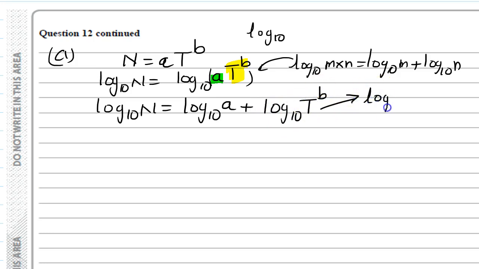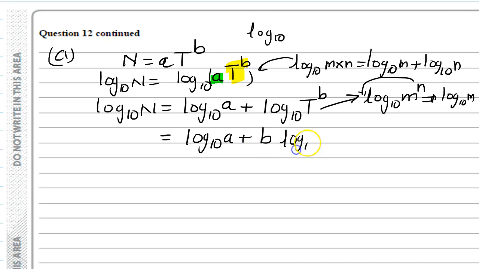Now here we can apply log base 10 m to the power n, this n comes here, so it will be n log base 10 m. So let's write down here, it is log base 10 a plus b log base 10 t. Yeah, so this is log base 10 n.